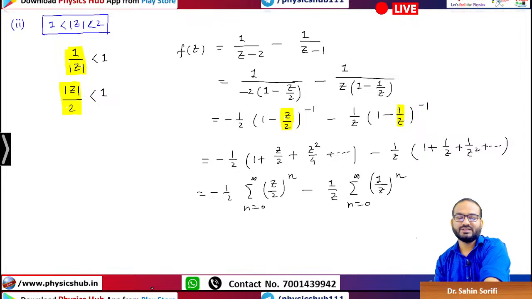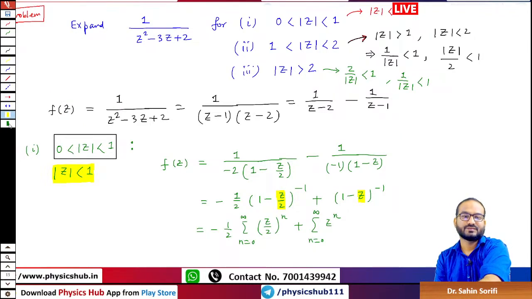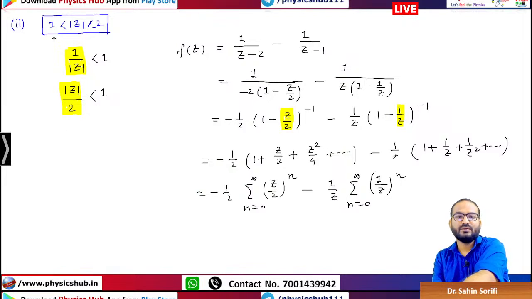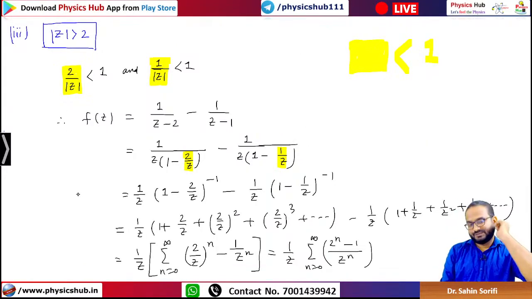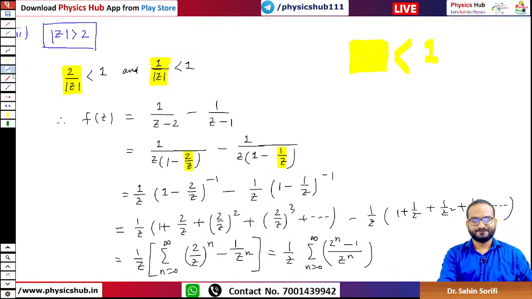Where you use Lorentz theorem is used in this expansion, right? This 0 less than mod z less than 1 denotes an annular region, na? 1 less than mod z less than 2, mod z greater than 2. So this denotes an annular region where we are doing the expansion.